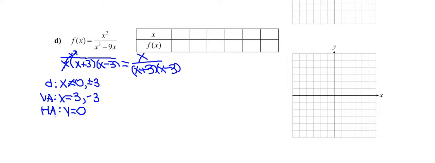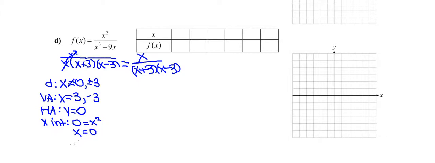Okay, and now we can do our x-intercept. For the x-intercept, you set y to 0, but you only really have to worry about the numerator because when you multiply 0 by the denominator, it's still going to be 0. So 0 equals x squared, so x equals 0.